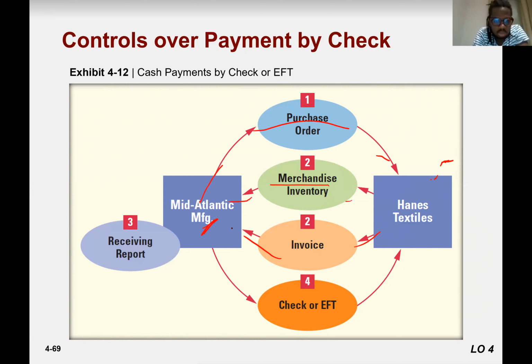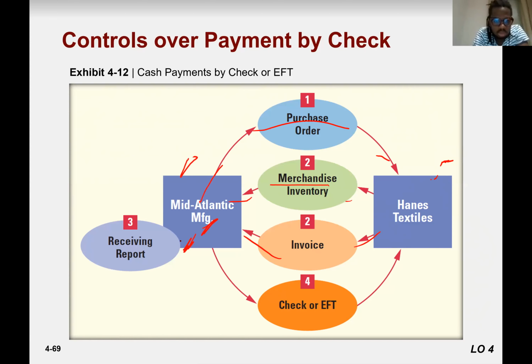And when the customer receives the invoice and clicks OK, goods are now transferred. So when goods are transferred, the customer will issue a receiving report. What is the receiving report? It may be the same as when you receive something from UPS or the postal services. The guy hands you your postage and asks you to sign here.